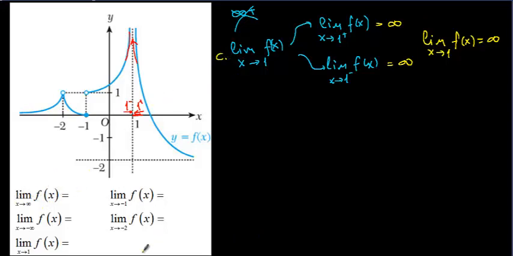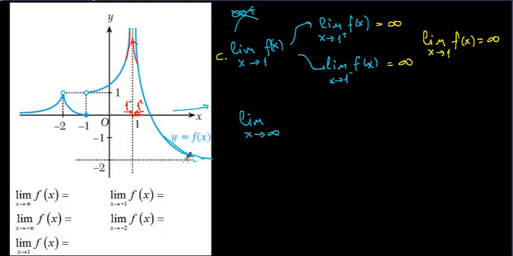Limit as x goes to infinity. In this case, when x goes to infinity, we need to understand where the function is going. The function is going like this, and this line is called an asymptote. I explained this before.